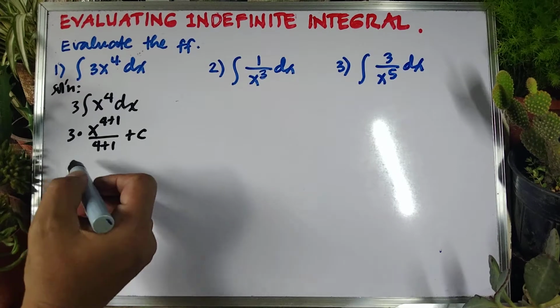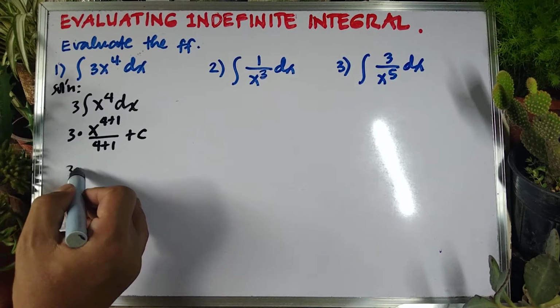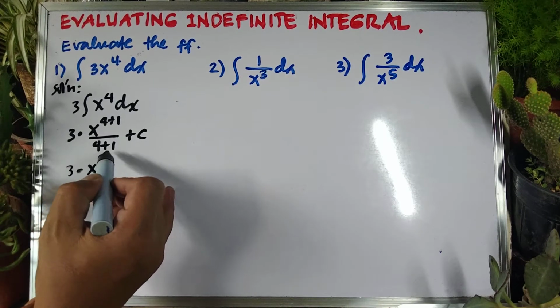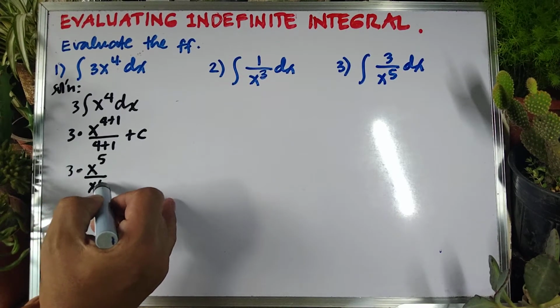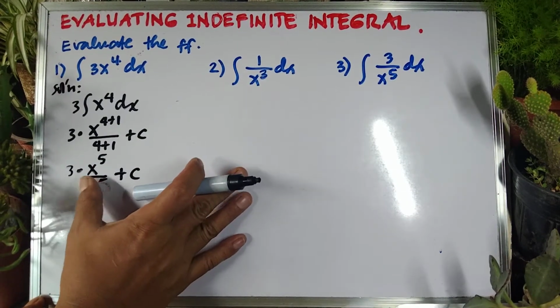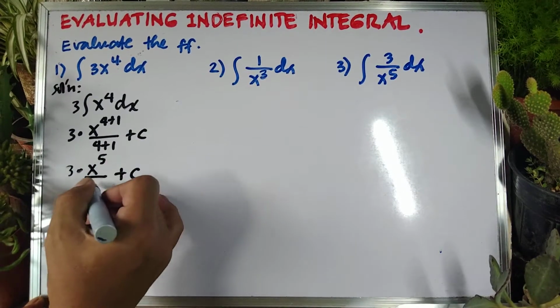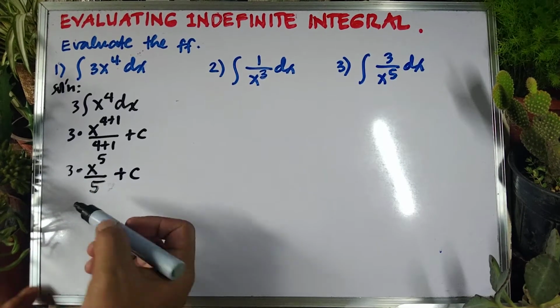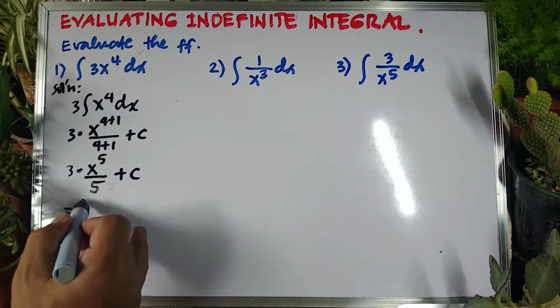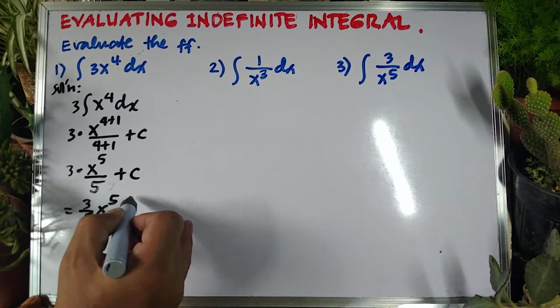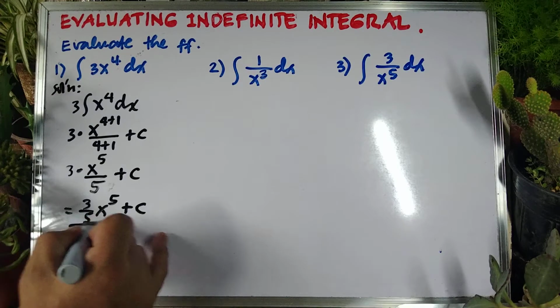Okay, let's continue. You have 3 times, simplify, 4 plus 1 is 5, so x to the power of 5 over 5 plus c. Okay, 4 plus 1 over 5. Simplify your answer. You have 3 over 5 x to the power of 5 plus c.